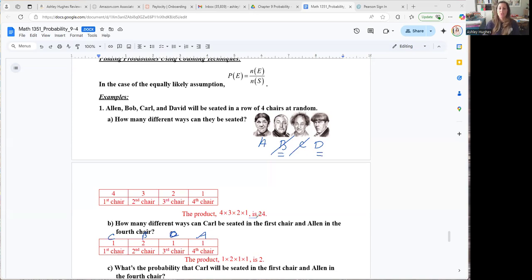And then A. So that's why that product is just 2. There's 2 ways. You could even list it out just to help you see it. If I could have C here, and I can have A here, and you could have the other 2. So the other 2 would be B and D like this, or you could have C here, A here, and D and B. There's only 2 ways that really those middle 2 can only be switched. The Carl stuck, Alan stuck.